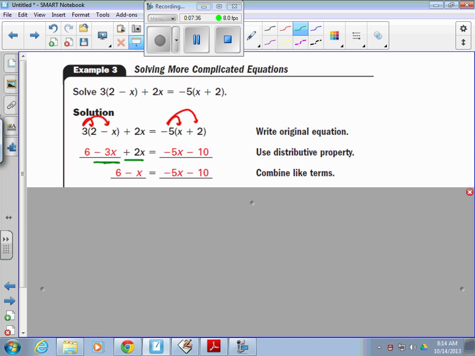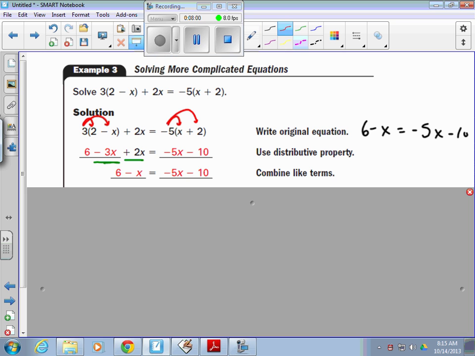Now collect all of your x values on the same side. Negative 1x, as we have on the left here, is a larger value than negative 5x, even though the 5 looks bigger. Remember, the farther you go left, the smaller the value is. So you want to undo negative 5x and bring it to the left. 6 minus x is what you have, equals negative 5x minus 10.